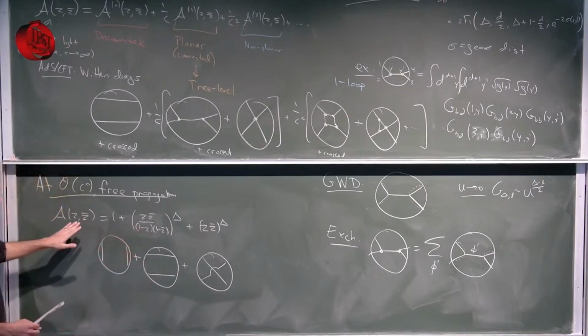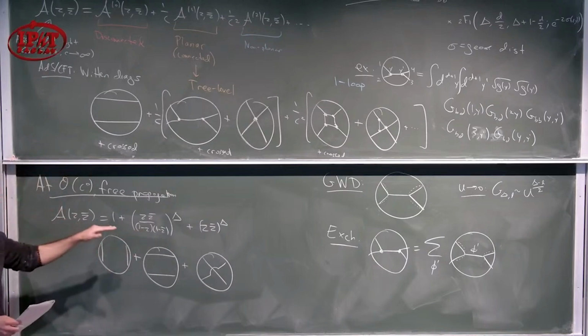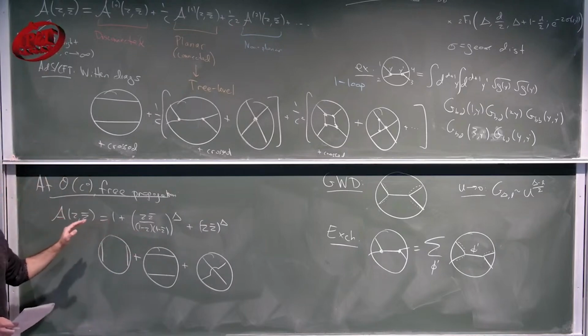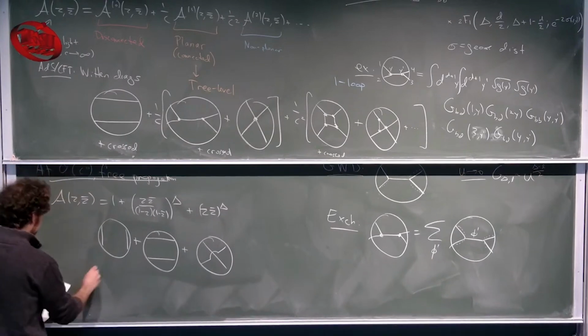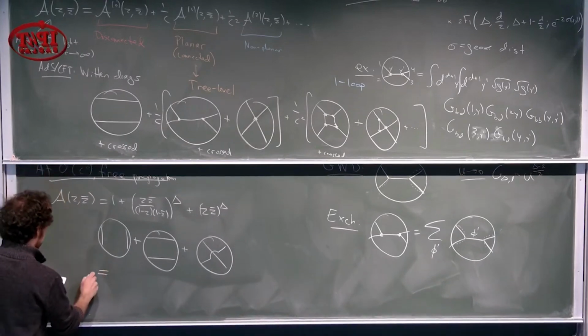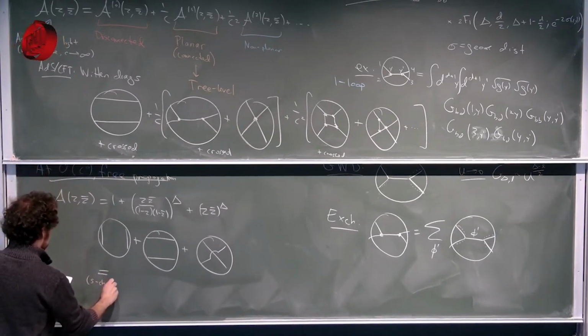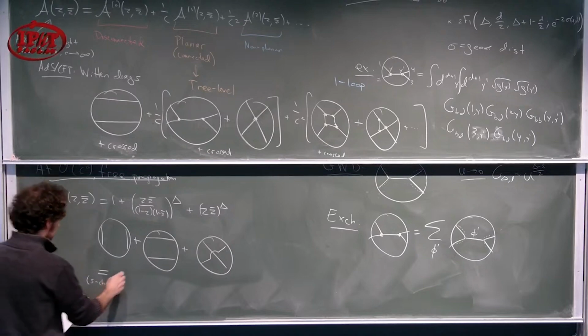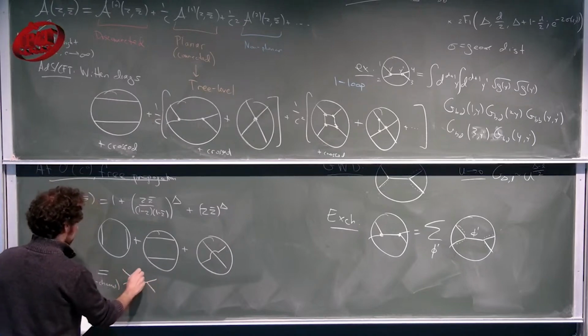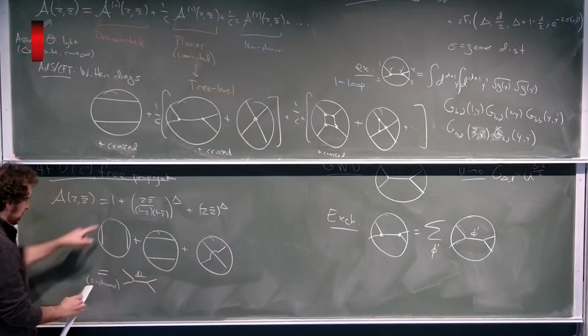In this 4-point function, what are the operators that are propagating in a given channel in the intermediate channel? Well, we write this in the S channel, z and z bar going to 0. In terms of these pictorial conformal blocks, we have the identity, that's here.